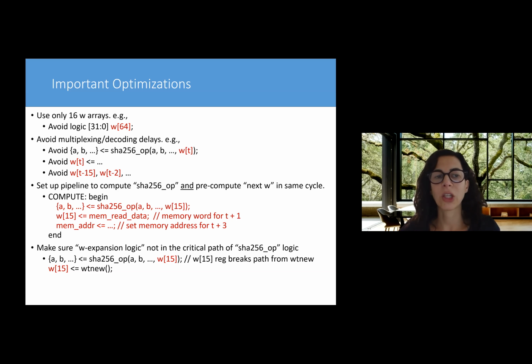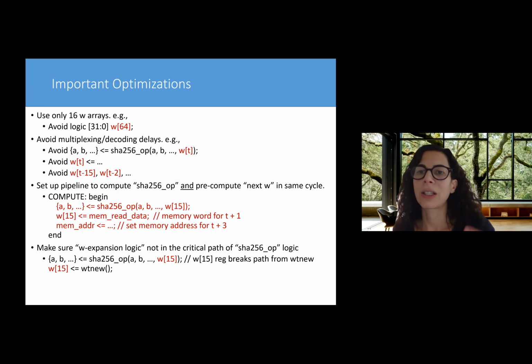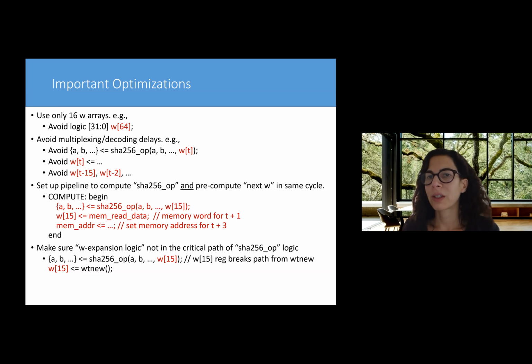Basically, this generates a huge 64 by 32 array, which will use a lot of real estate on your chip. And if you remember from the cycles of the SHA-256, not all the elements of the WT are going to be multiplexed and used in each cycle.